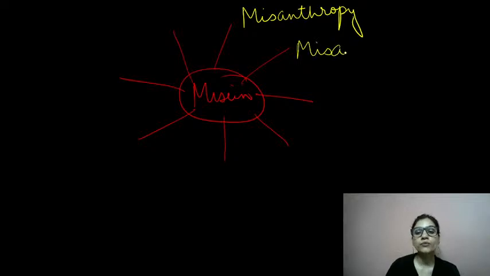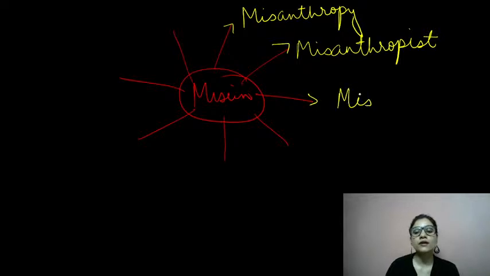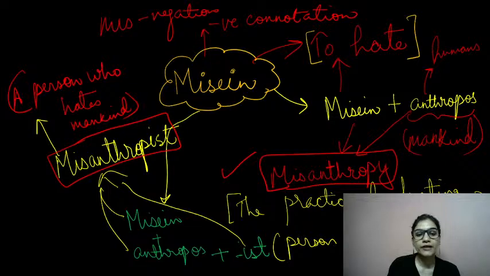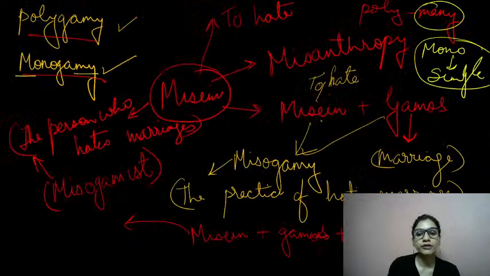The second word we did was misanthropist, coming from the same word root, just adding ist to it. Next word we did was misandry. No, which was the next word we did? Misanthropy is the one we did, and then we also did mesogamy.